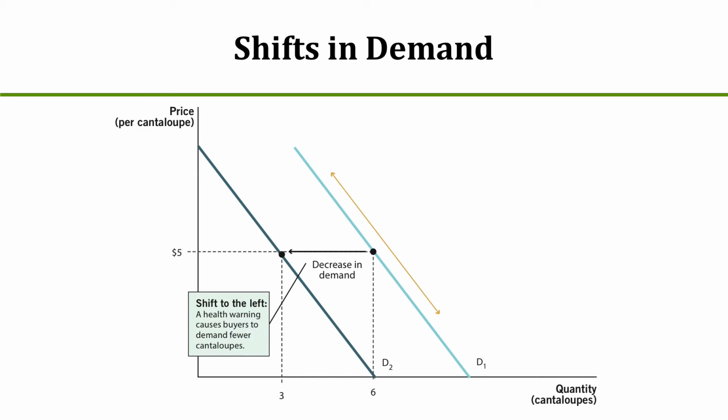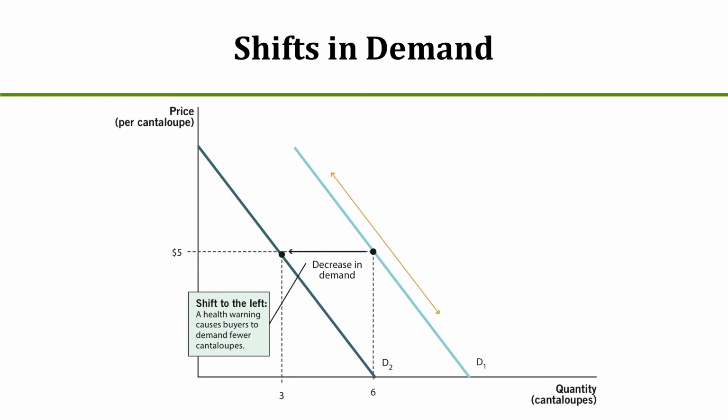And finally something happens and the demand is decreasing. Let's see what happened. A health warning causes buyers to demand fewer cantaloupes. So the demanders think that cantaloupes are not healthy anymore. That's why their preferences towards these fruits are changing.